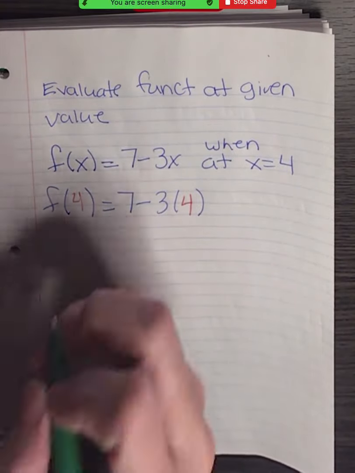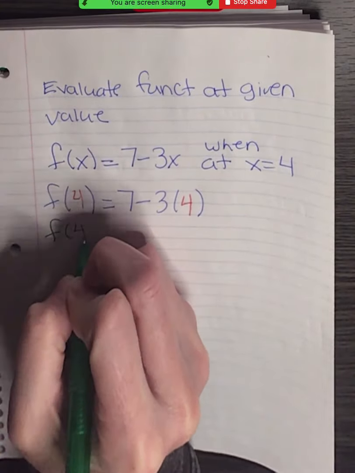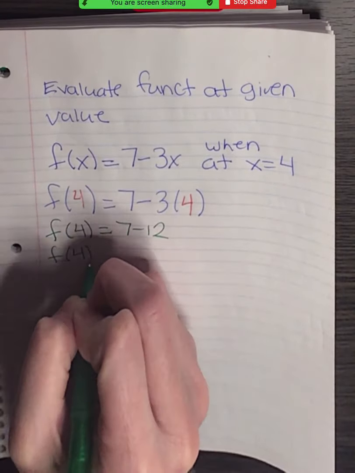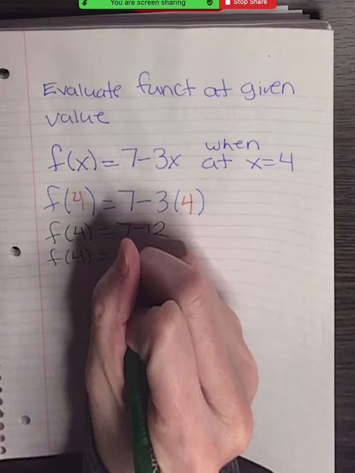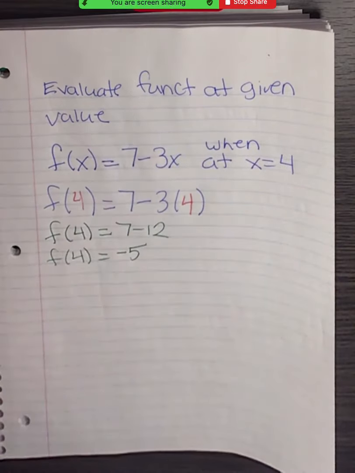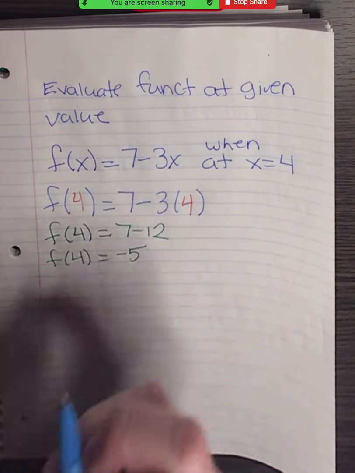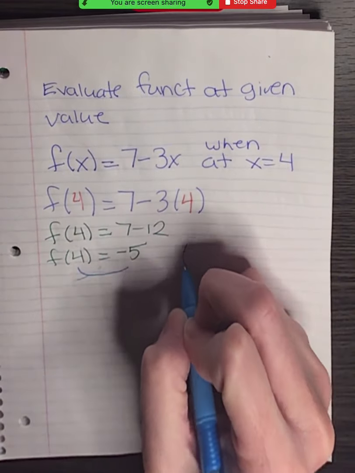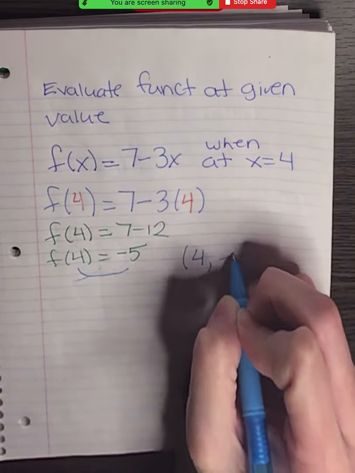This means the function at 4 is equal to 7 minus 12. So the function at 4 is equal to -5. Another way you can think of this is that f of x gets replaced with y. So this gives us an ordered pair: x is 4, y is -5.